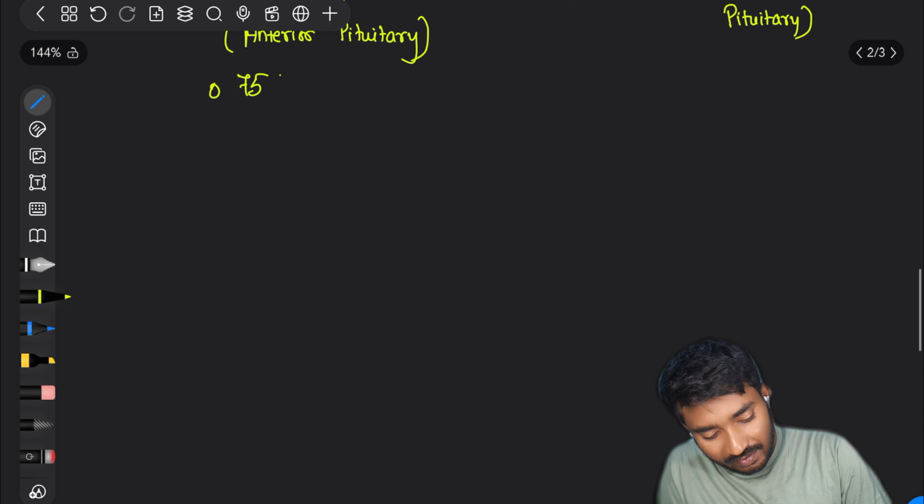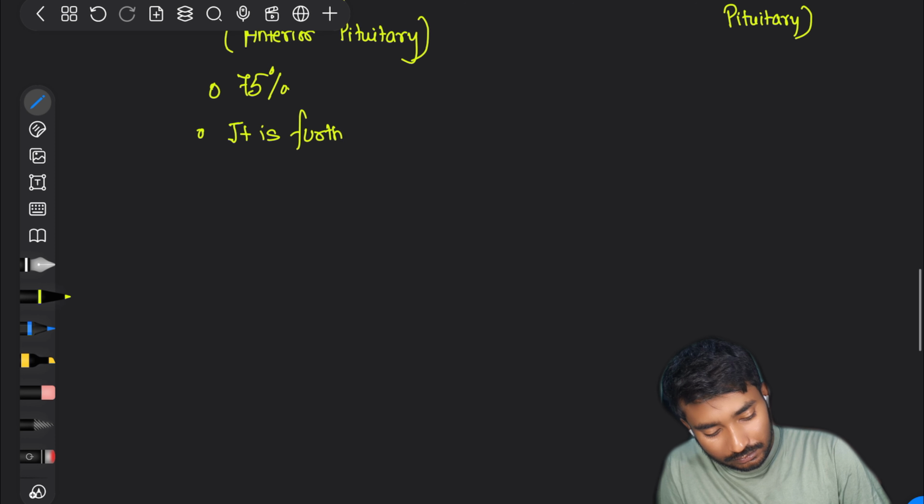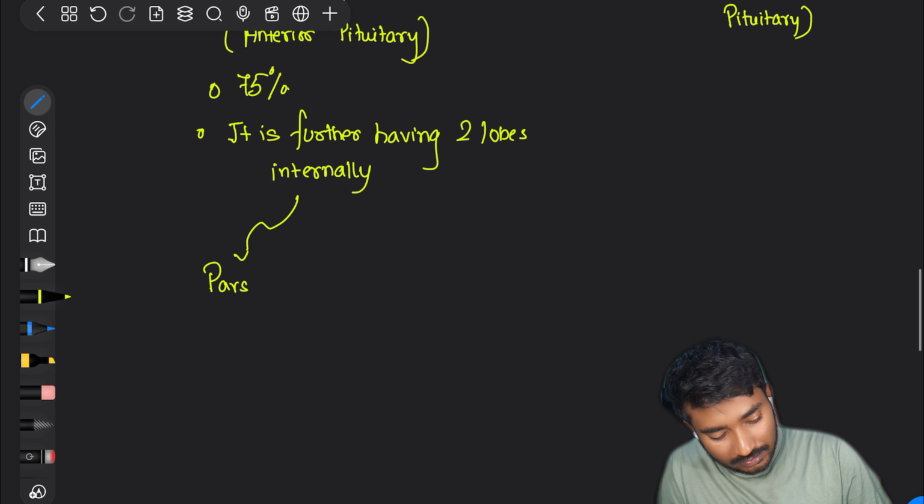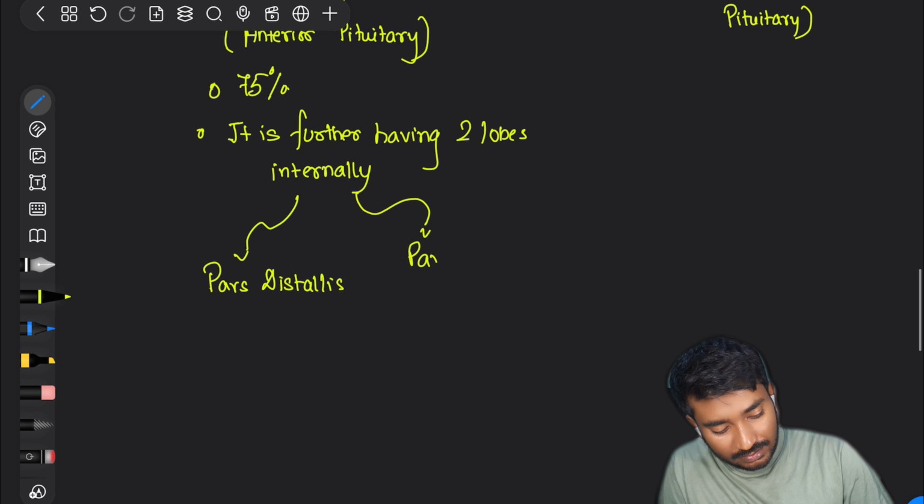So it is 75%. It further has two lobes internally. One is pars distalis and one is pars intermedia.